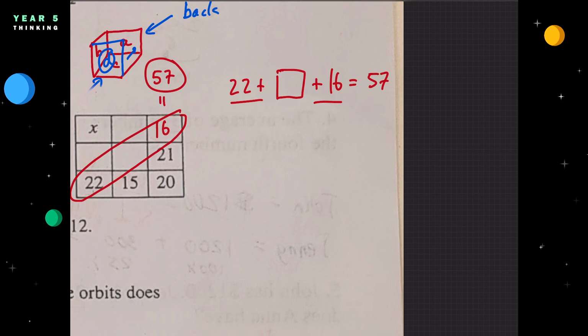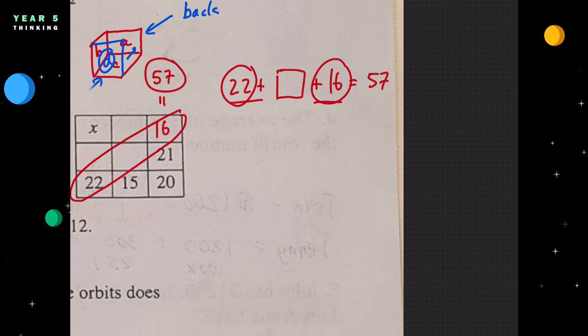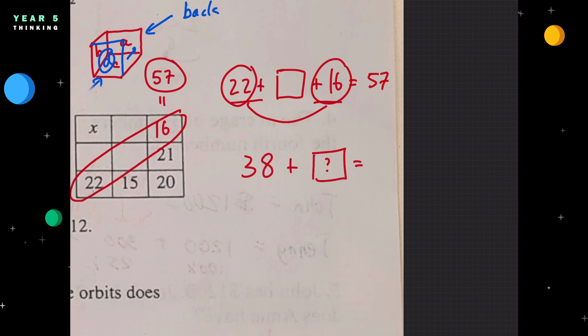So let's add 22 and 16 first. What's 22 plus 16? 2 plus 6 is 8, 2 plus 1 is 3. So these two together become 38. So 38 plus one more number will give me 57. How do we find that number? We do subtraction. We do 57 minus 38.